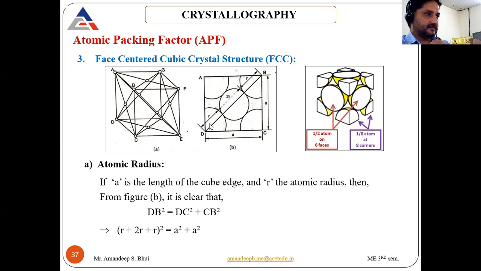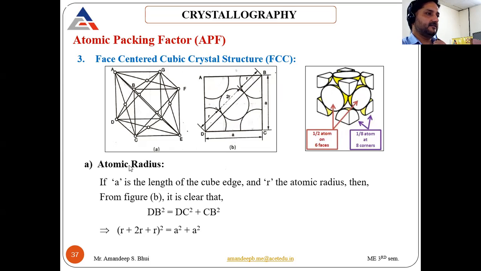So if we look into this diagram, if we look into this diagonal DB, this DB will be equal to, if the radius of the atom is R and the side of the cube is A, R plus 2R plus R, which is 4R.